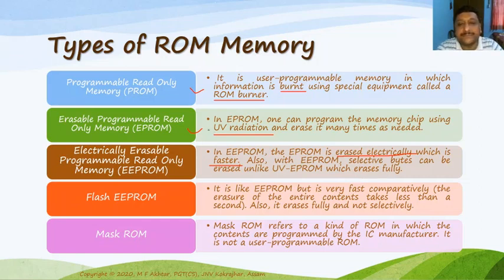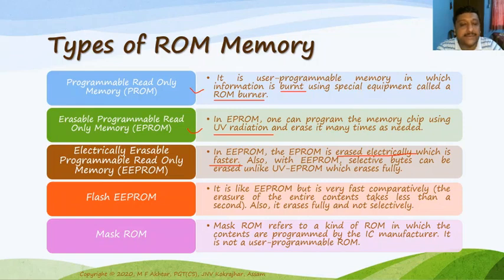In EPROM, all data will be erased at once. But in case of EEPROM, we can erase selective bytes of data one by one.